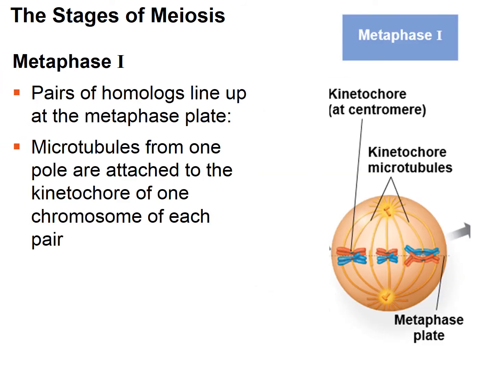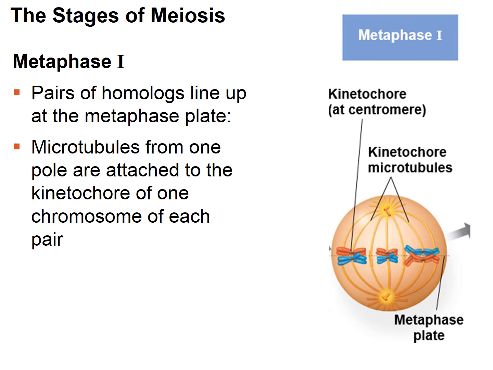The next stage is metaphase 1. So the pairs of homologs line up at the metaphase plate. 1 chromosome, or 1 pair of chromatids, is facing each pole. In mitosis, it was a single chromatid facing each pole. Microtubules from 1 pole are attached to the kinetochore of 1 chromosome of each pair.